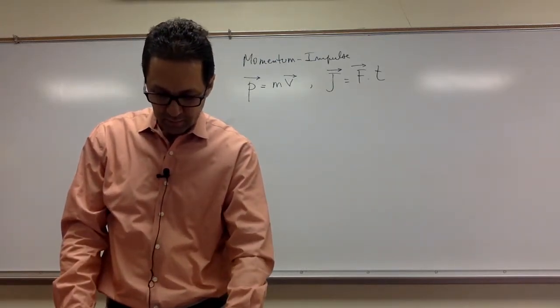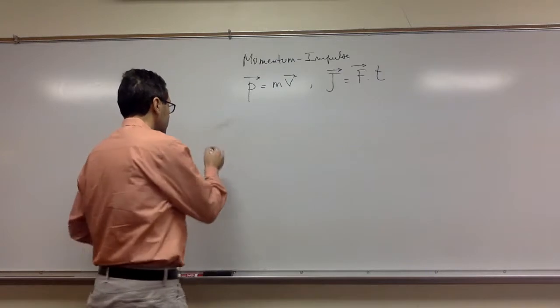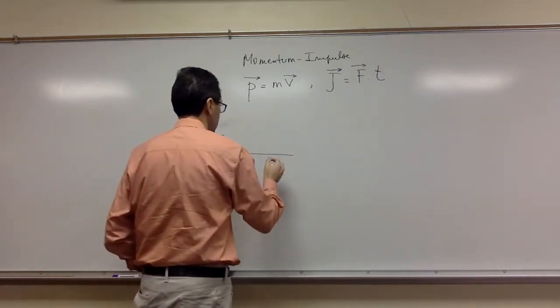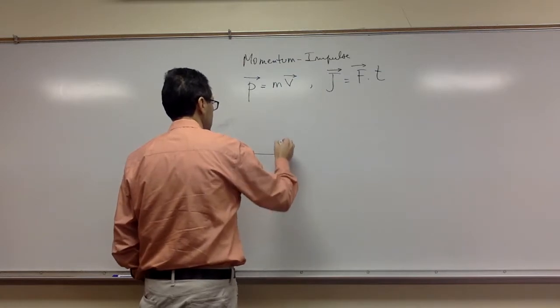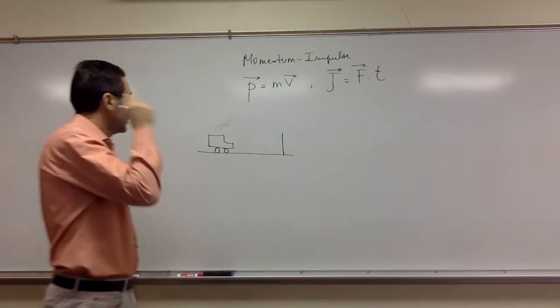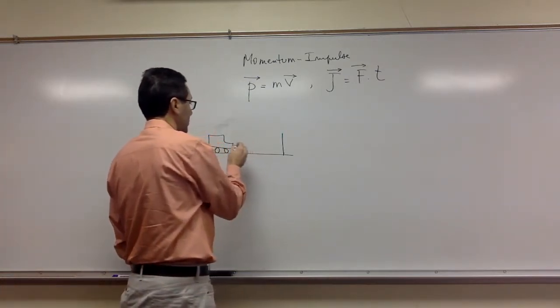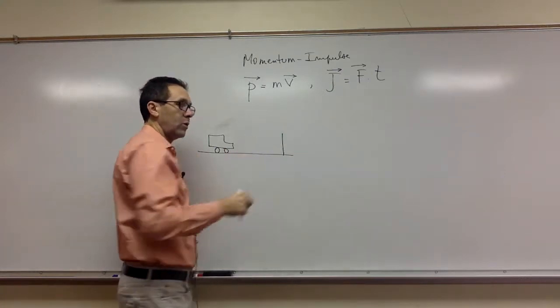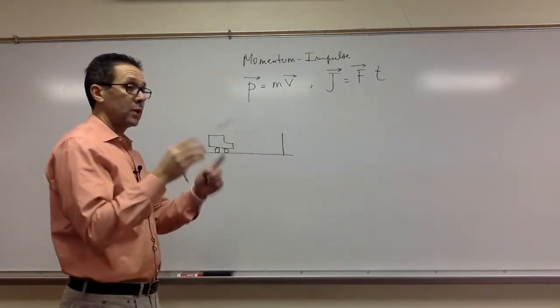All right. So that's why in cars, when there's a collision, let's say it's going to hit a wall here. What they do with the cars is they want to make sure that when it hits the wall, it takes a longer time.